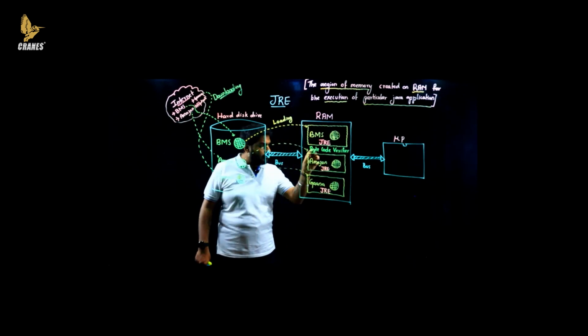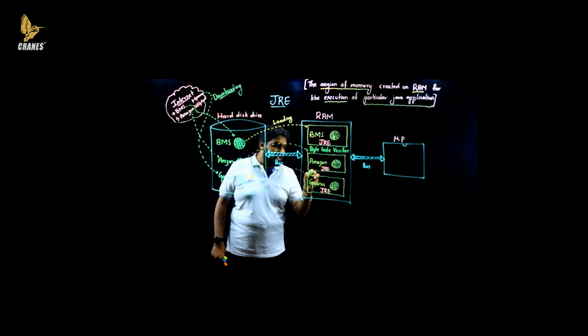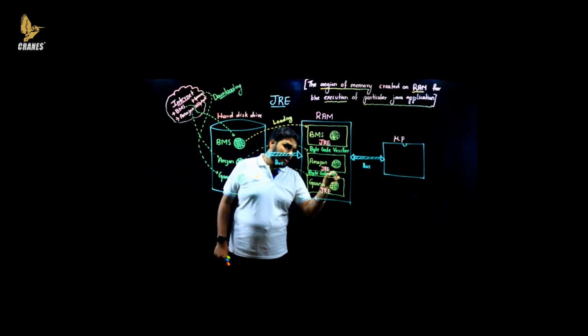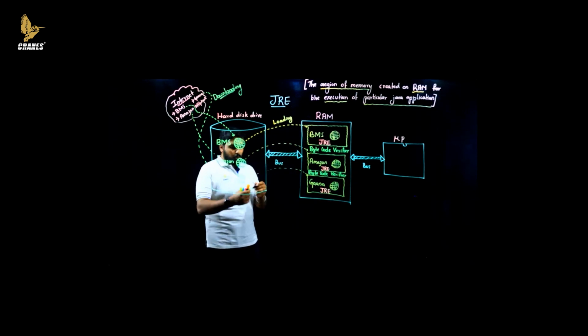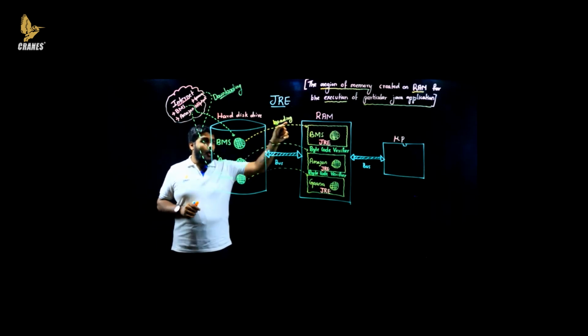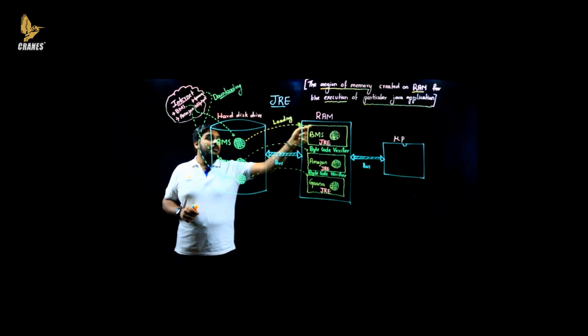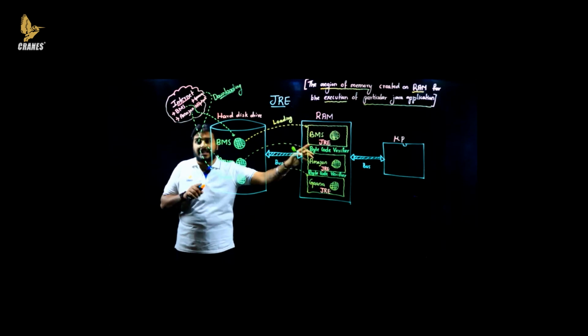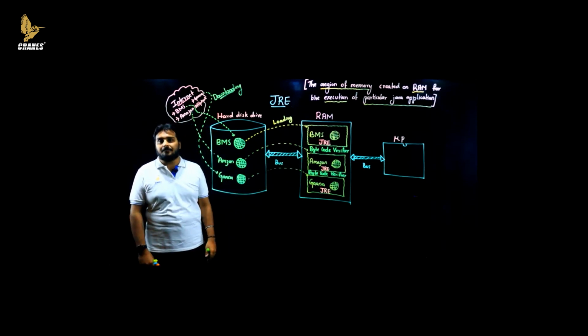Bytecode verifier will be present between every single application. So what is this bytecode verifier? Bytecode verifier is a software which is used in your JRE to ensure that the data present in one application's JRE will not be available for another application's JRE.